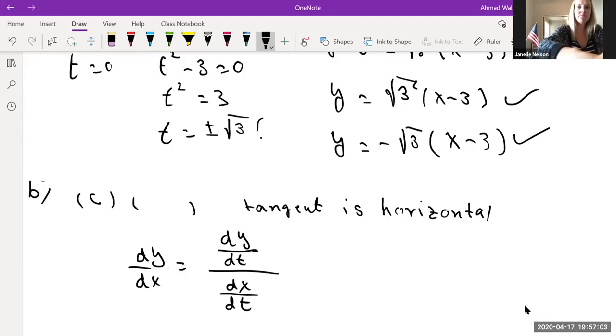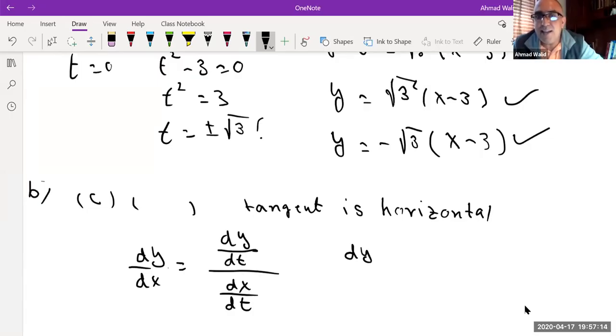No, I thought you were going to set the left-hand side to 0. The numerator becomes 0, so dy/dx becomes 0, right? Look, dy/dx becomes 0 if dy/dt is equal to 0.